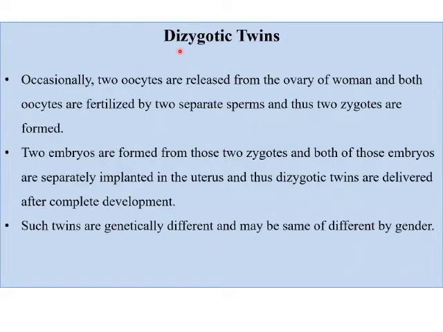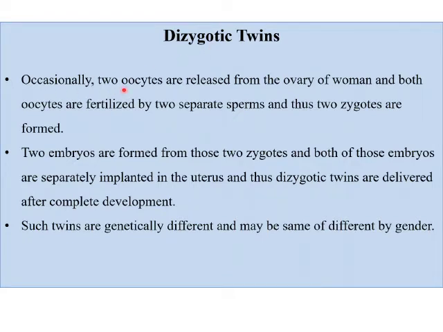The third type is dizygotic twins. Again, the name suggests that here we will have two zygotes, giving rise to two individuals or offspring. Since two zygotes are formed, it is called dizygotic twins.